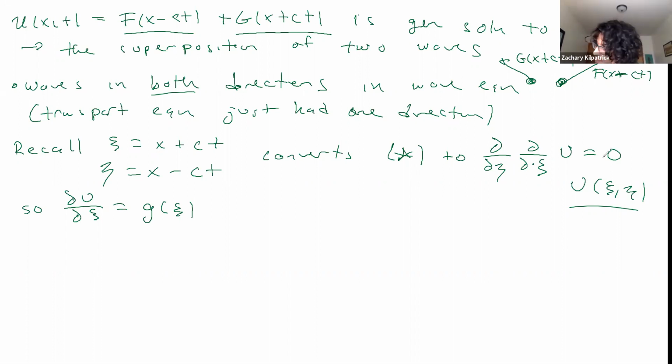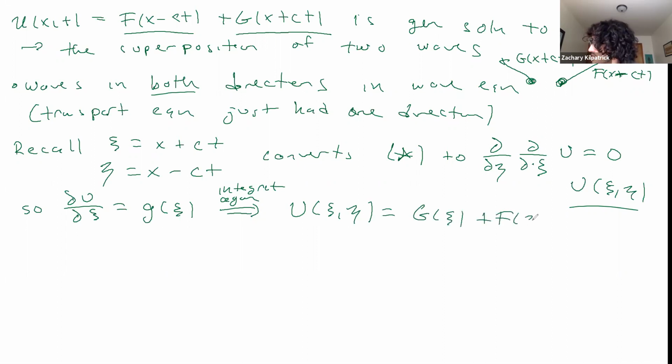If I integrate again, then I get that u of xi, eta is equal to some function capital G of xi plus f of eta, okay? Which is exactly what I have, and capital G here is just equal to the integral of g of xi, okay?